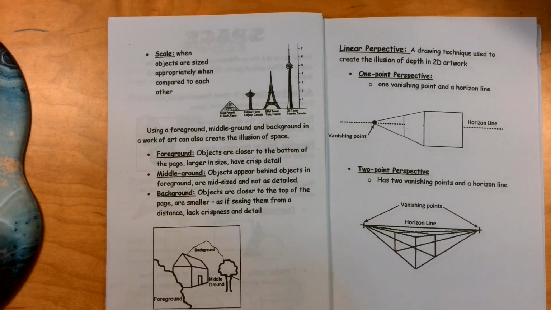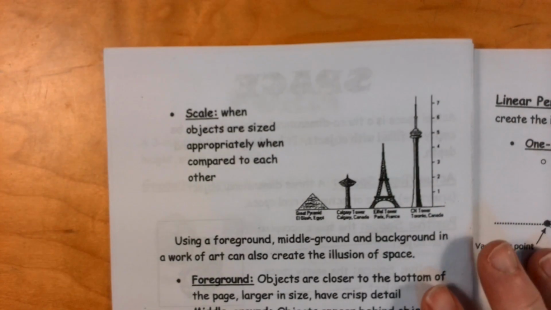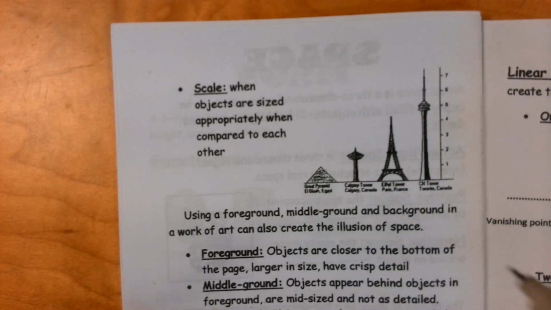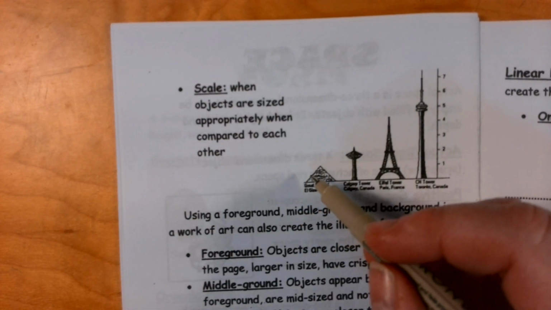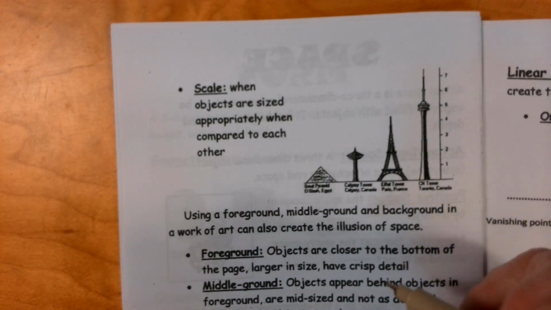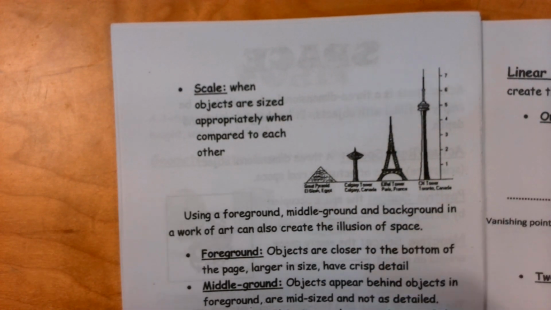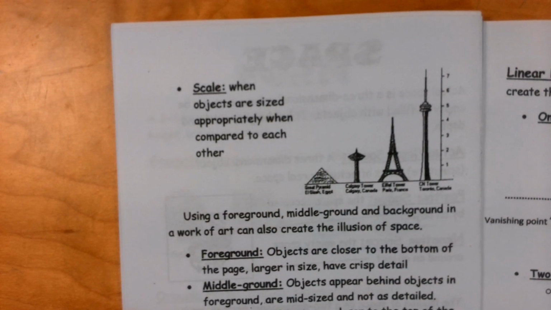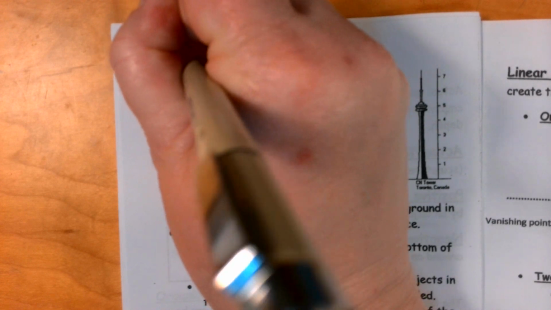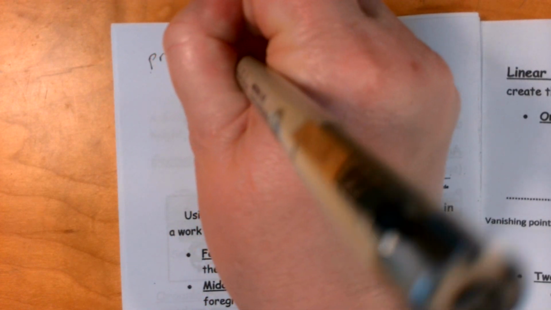So we have scale, and that's when objects are sized appropriately when compared to each other. So if we did a human and it was larger than our pyramid, then immediately the idea of real space would disappear. The other thing we need to talk about here is proportion, and you need to add this to your notes.